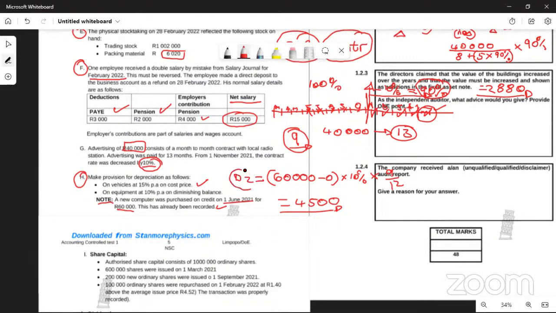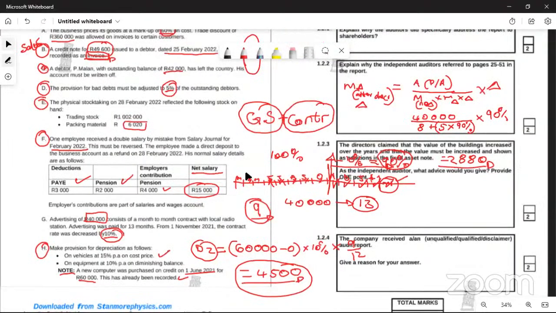Remember, I said depreciation number 2 is on the additional asset. So now, what about the old assets? The old assets are the ones that we had. We have depreciation number 3. We put it there in our income statement.